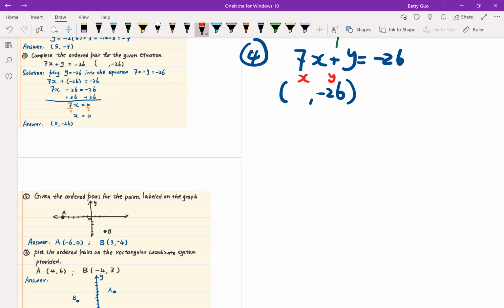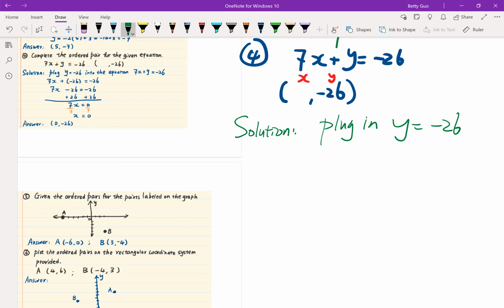Same as earlier: in number 3, you are given the value of x and you look for the value of y. In number 4, you know the value of y and you are looking for the value of x. So what should we do? Should we plug in y equals -26, right?